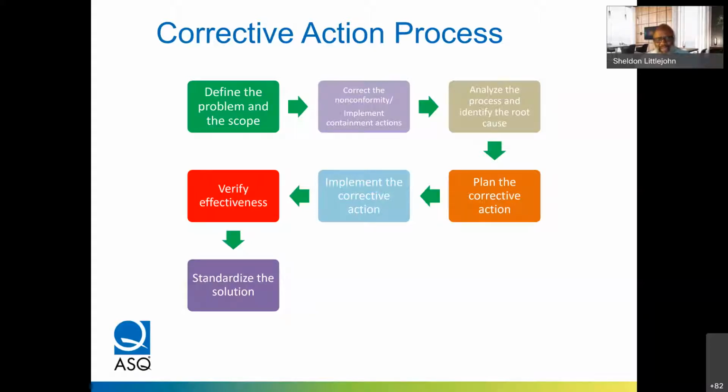We look at correcting and containing the issue, the second step. There are a few times when we may not need to do a correction, where we apply this to maybe a KPI that's not being met. In those cases, there might not be a way to correct it.